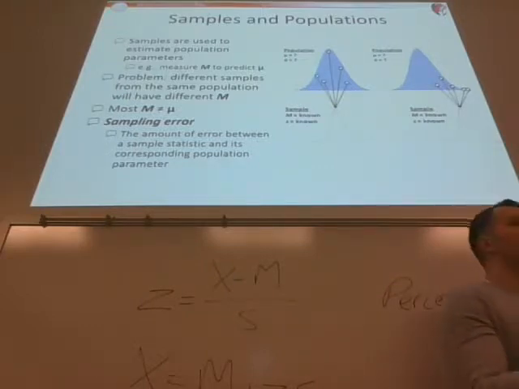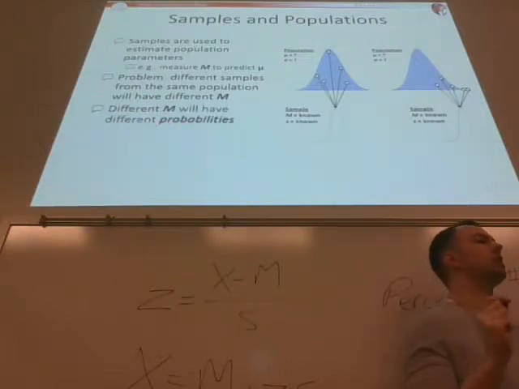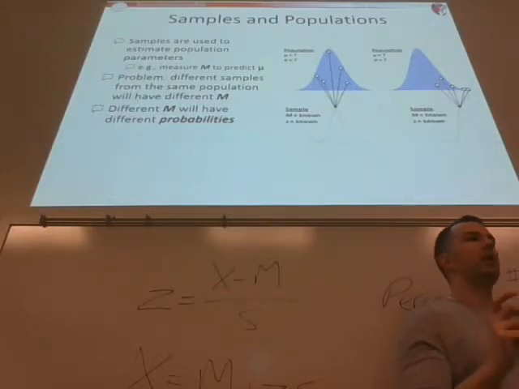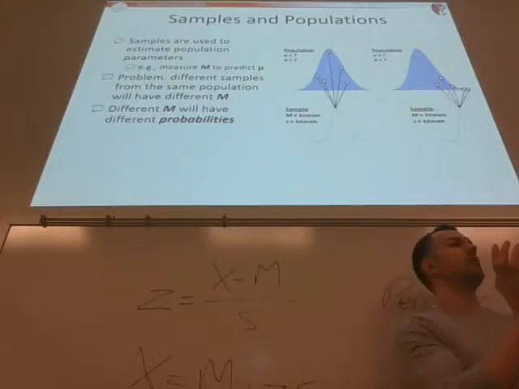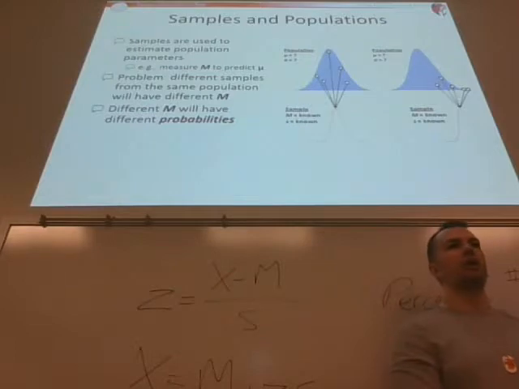However, we do know something. We do know that some of these samples are more likely than others. We do know that some sample means from the population, some of those are very likely and some of them are highly unlikely. They all have different probabilities.